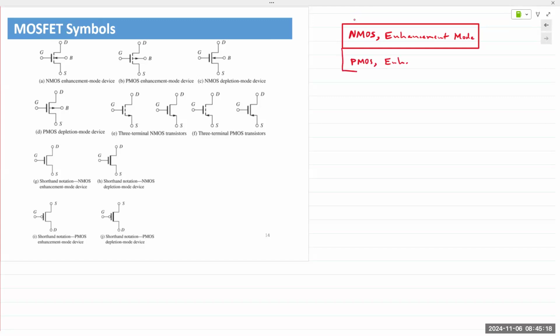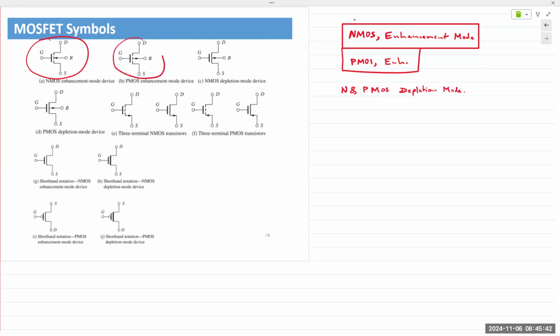We also have N and PMOS depletion mode devices. Right, so those are the four primary kinds. The symbol for an NMOS enhancement mode device is shown right here.